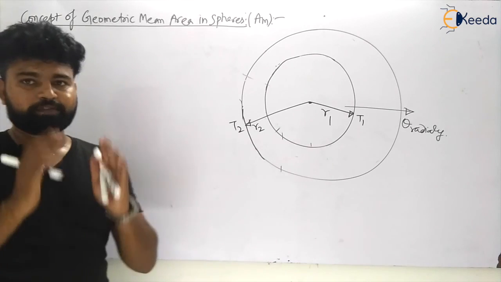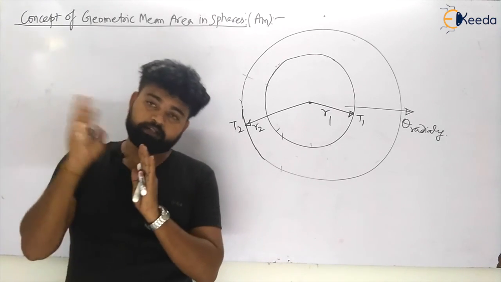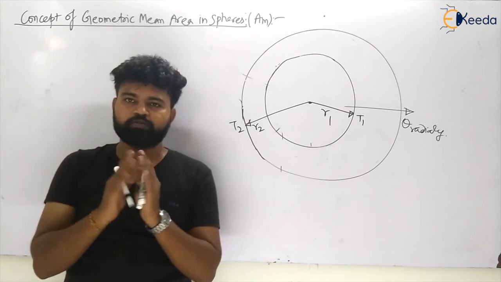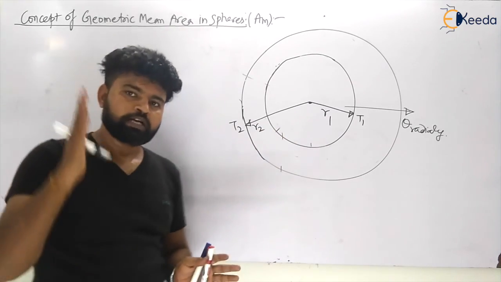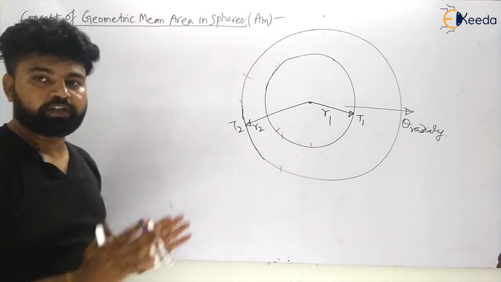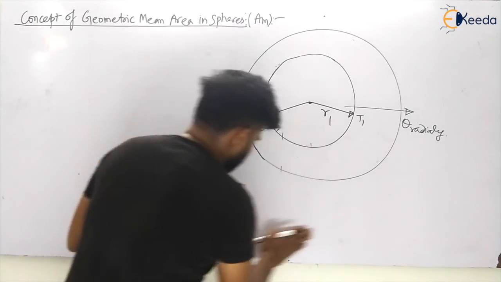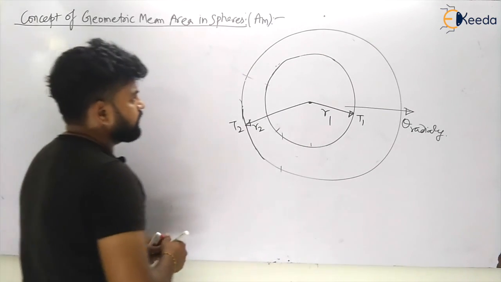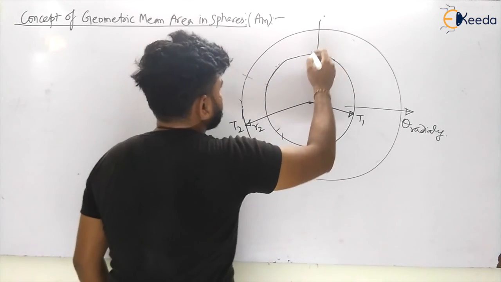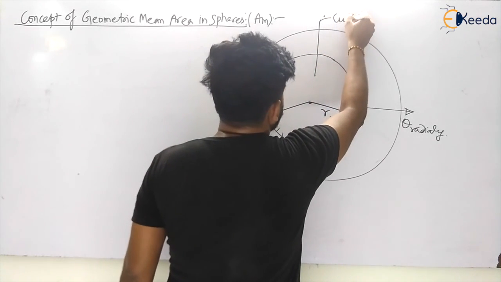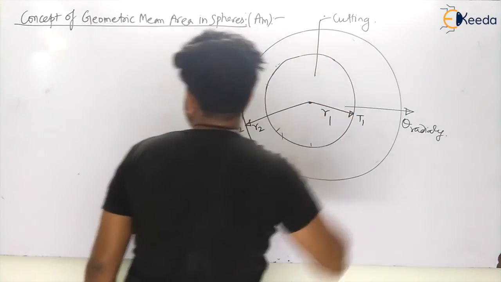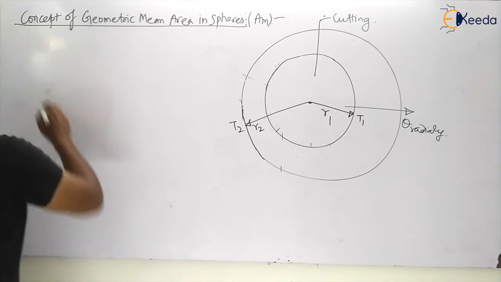What I did is I cut that cylinder in such a way that it could be converted into a plane slab. Similarly, I will cut this sphere so that it will be converted into a plane slab. Let us see how. I am cutting this from here.